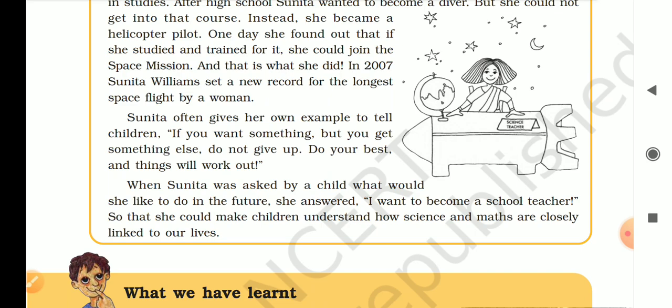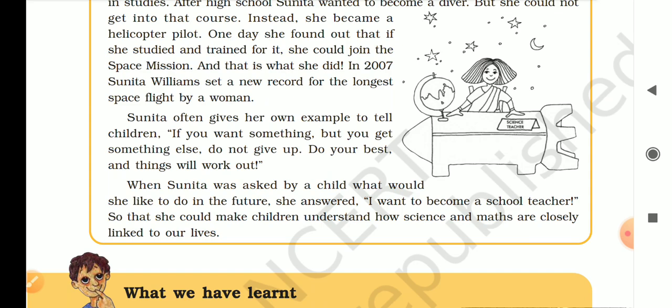If you want something but you get something else, do not give up, do your best and things will work out. If you work on it again and again, finally you will succeed. In order to succeed in life, it's very important to work hard. Along with that, you have to work smartly also.